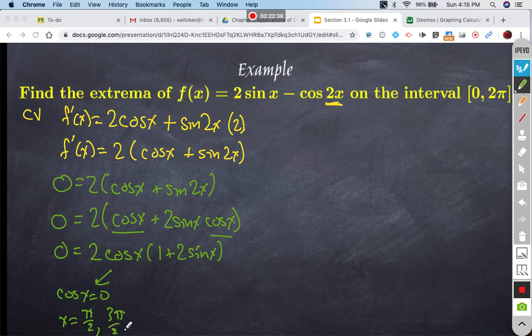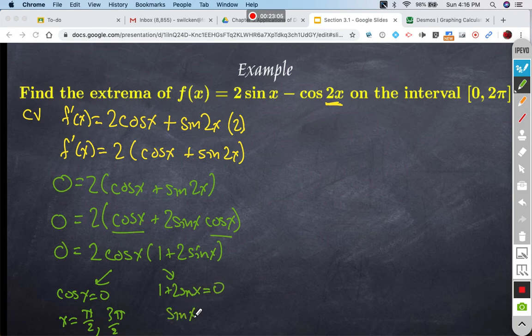Remember, when we are doing calculus with trig functions, we have to always be using radians. All of this, our rules, our guidelines, our basic formulas, are based on the idea of radians. So we got to stick with that. This one we get 1 plus 2 sine x equals 0.